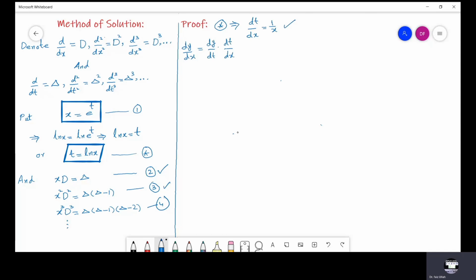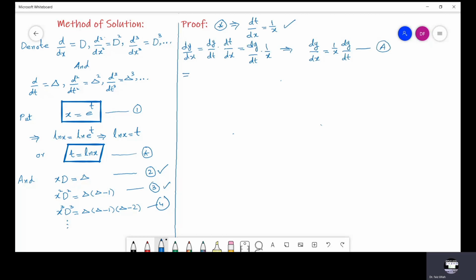But we have already obtained the value of dt/dx. So we can write that this is dy/dt times 1/x. So we have the result dy/dx = (1/x) dy/dt. Let us say this is result number A.